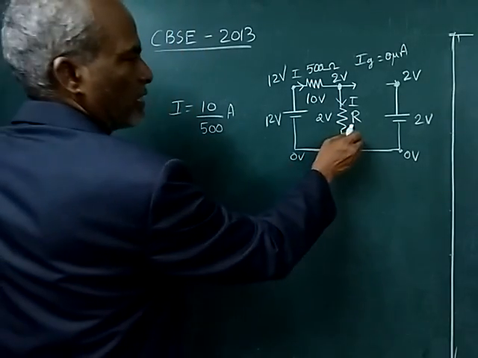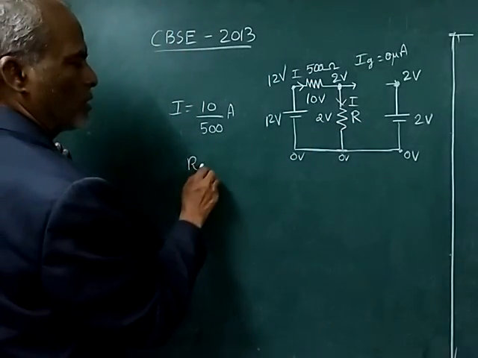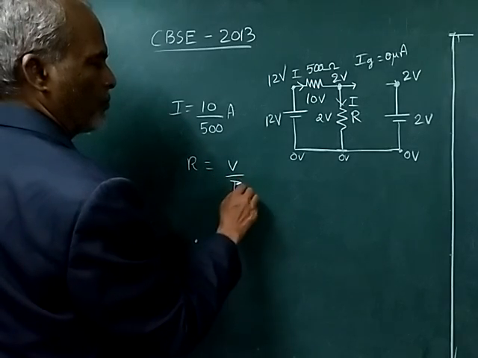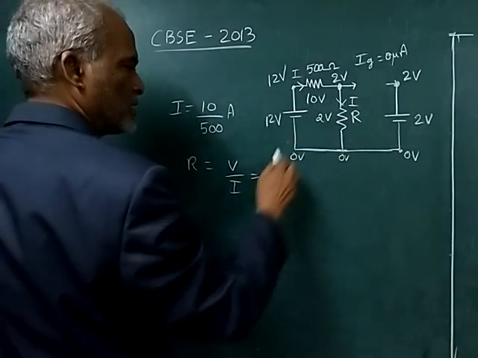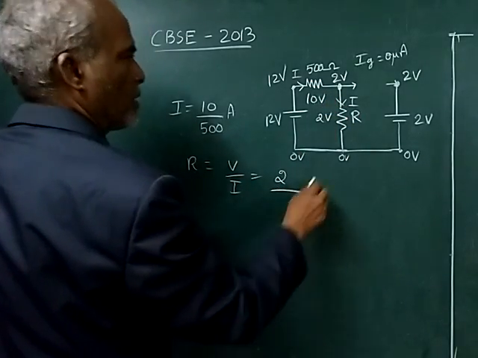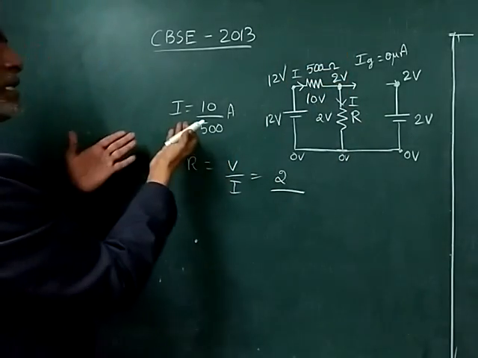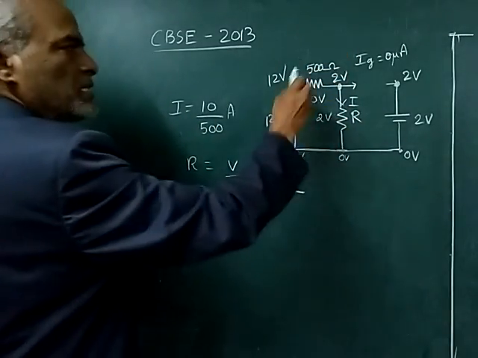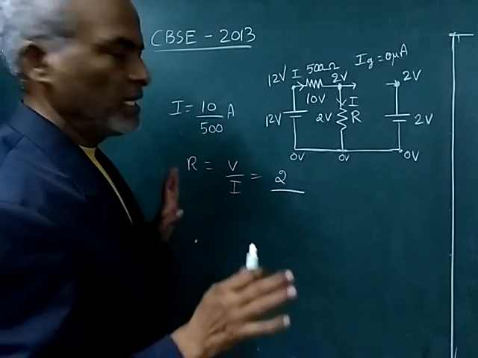So the voltage across the resistance is 2 volts. Therefore, we have to find the value of R. R is equal to V by I. What is the voltage drop across the resistor? It is 2, divided by the current flowing through the resistor, which is nothing but the same current, because these are all in series. Therefore the current is the same.